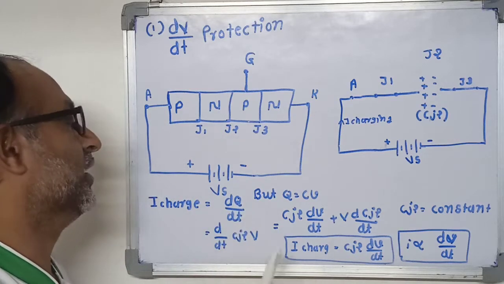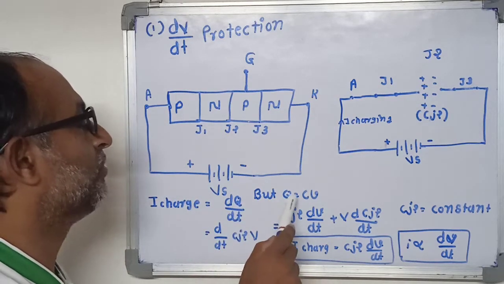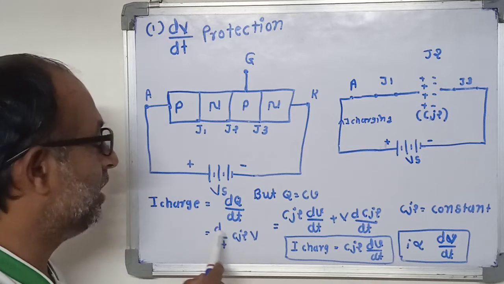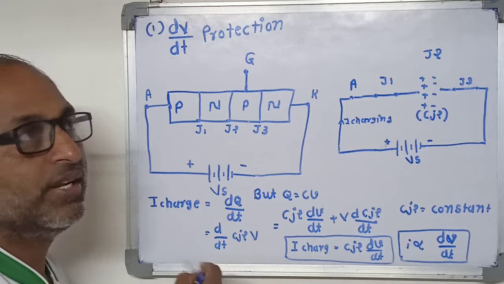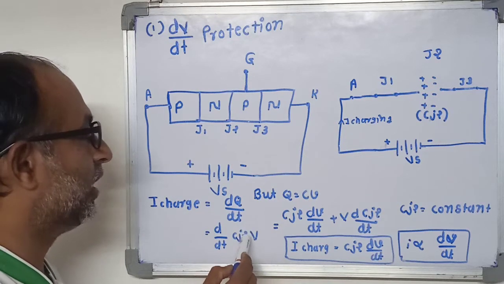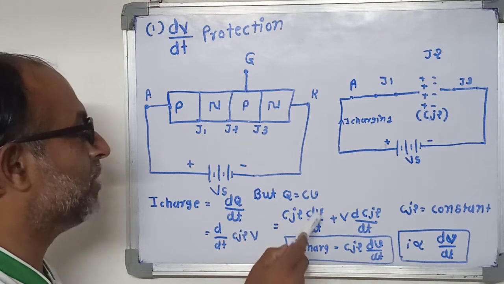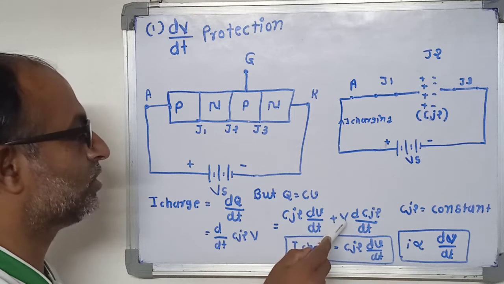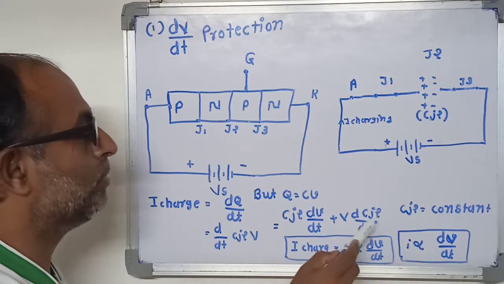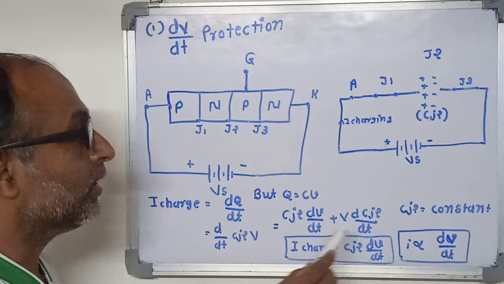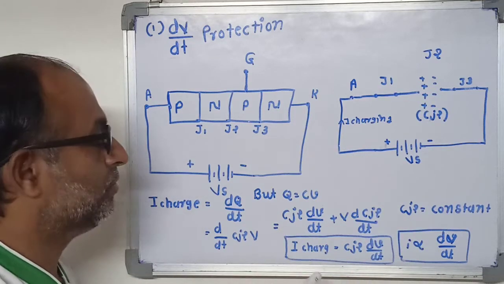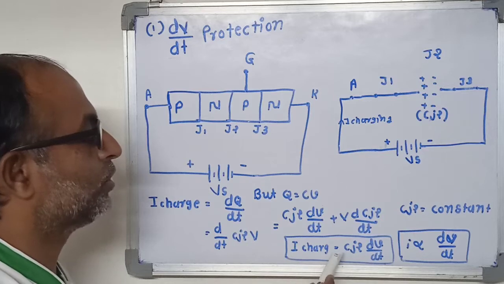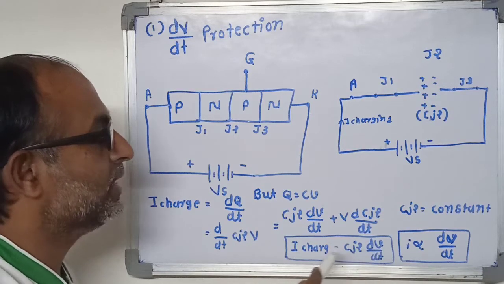Putting the value of Q, I charge equals d/dt of Cj2 V. Differentiating, Cj2 dV/dt plus V dCj2/dt. Now Cj2 is a constant, so the equation becomes I charge equals Cj2 dV/dt.